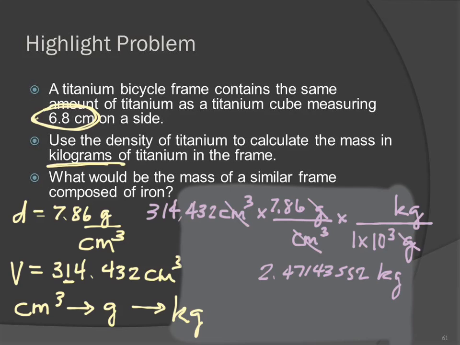I'm supposed to have two significant figures, so I'm going to round that to 2.5 kilograms. So the titanium bicycle frame weighed 1.4 kilograms, and the iron bicycle frame weighs 2.5 kilograms. That's a lot more. Any questions?